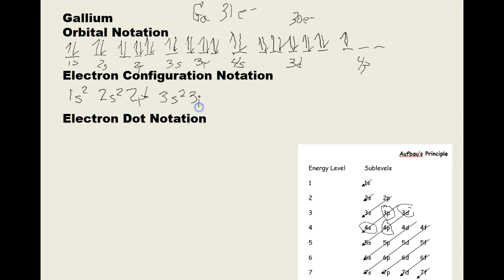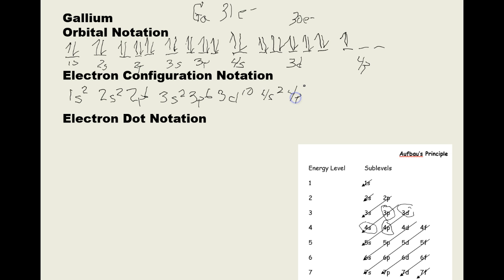3p6, but notice in your orbital notation you have 3p6 followed by 4s, but you also have a 3d. You want to put all the third energy level together, so you have 3d10. Now put your fourth energy level together, 4s2 and then 4p1. And what does that do?